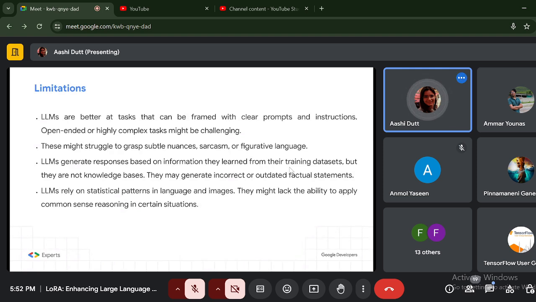Then LLMs generate responses based on the information that they have been trained on, right? The kind of information that I have passed as the developer of that model. They don't know what's going on in the real world. They don't have knowledge bases or a memory to store it, and they may be factually incorrect and maybe outdated as well.